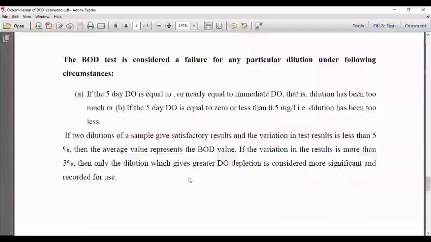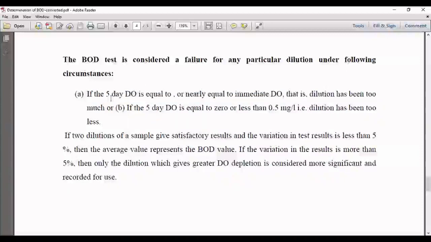Now there are some thumb rules that are established. The BOD test is considered a failure for any particular dilution under the following circumstances. First, if the 5-day DO is equal or nearly equal to the immediate DO.